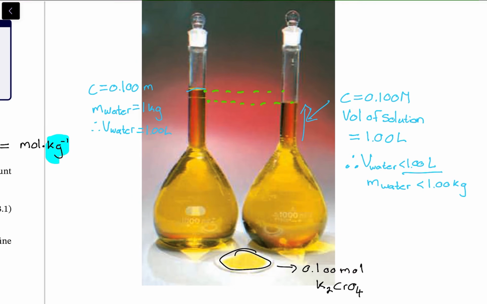So 0.1 molal and 0.1 molar do not result in the same type of solution, because we dissolve the same amount of solute, the thing being dissolved, but the amount of water used to make these two solutions is clearly different. All I wanted you to gather from this is that those two concentration units are definitely not the same.